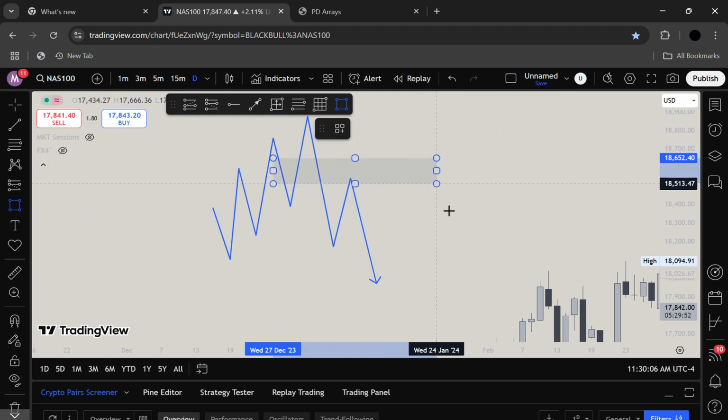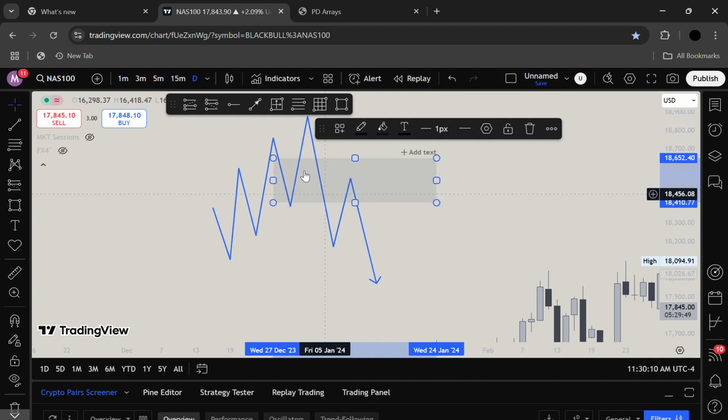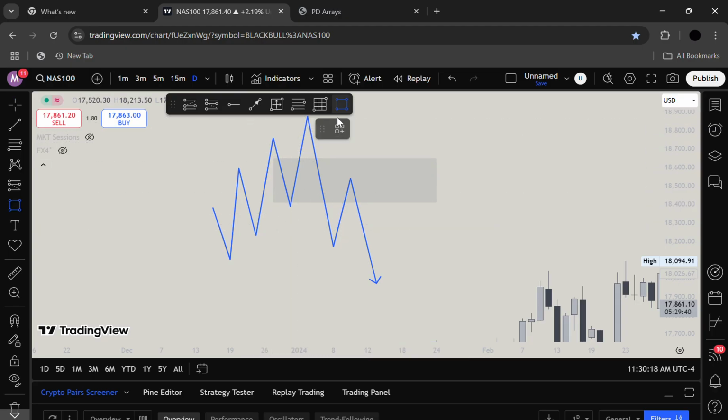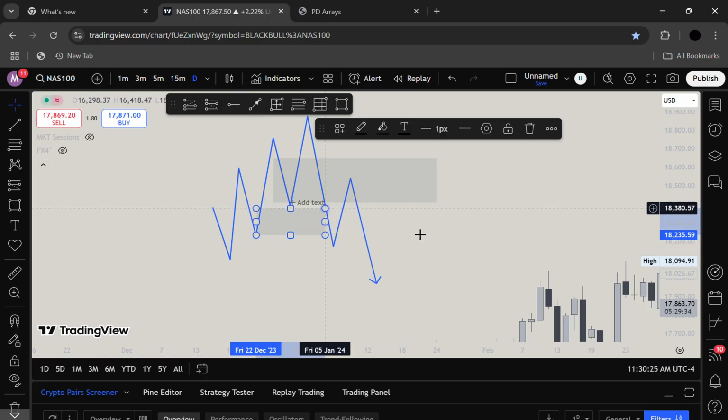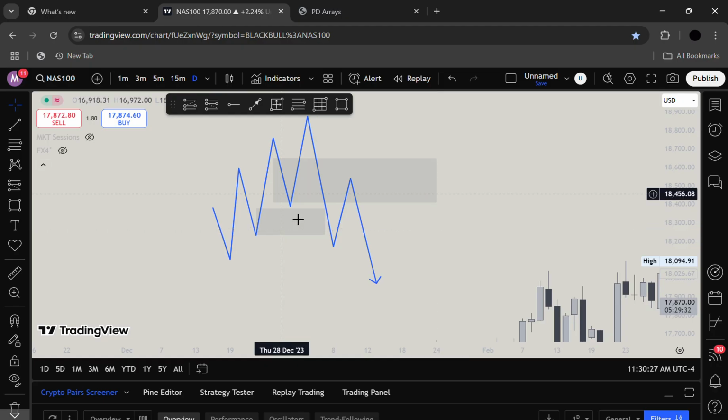Also, that acts like a failed order block too, because it's the last candle after an aggressive move, which failed. And with this, we'll see order blocks down here, and price taps it and then goes up.